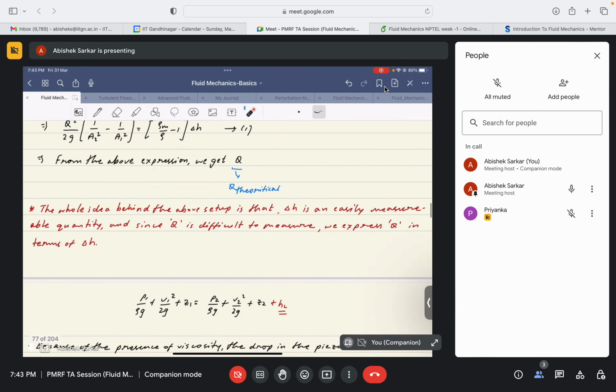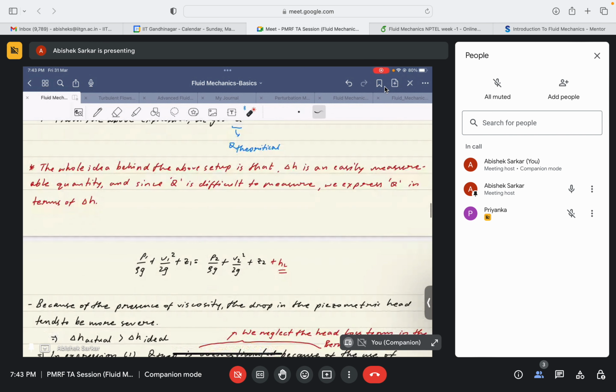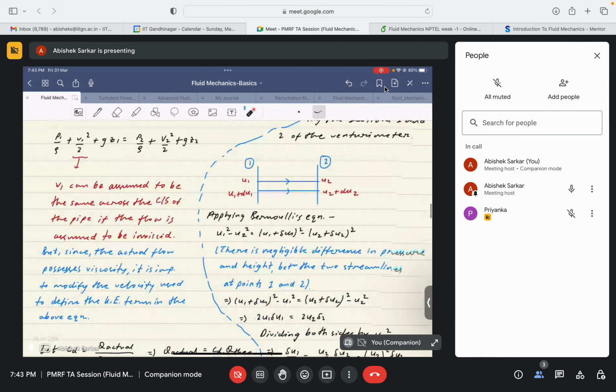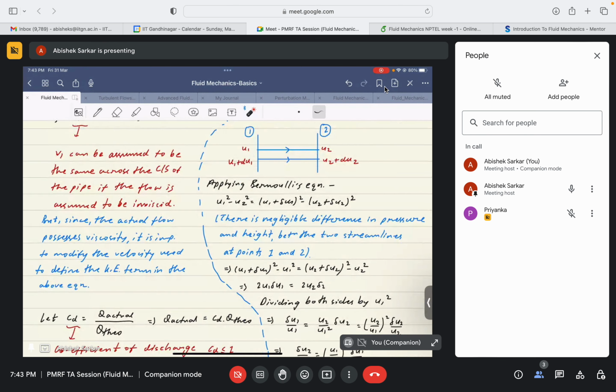And that's why fluid mechanics researchers, after some rigorous experiments, found a value of a coefficient that would compensate this additional rise in delta H, so that we can get a value close to the actual mass flow rate. That's why we need an additional coefficient, known as the coefficient of discharge, so that we can approximate the actual value of the mass flow rate. Is that clear?